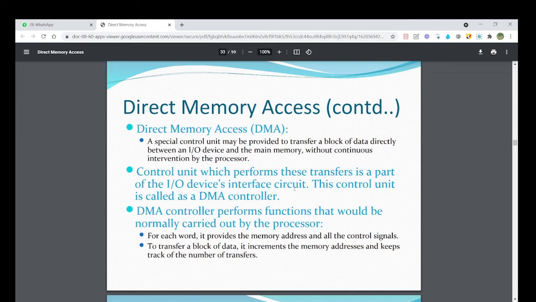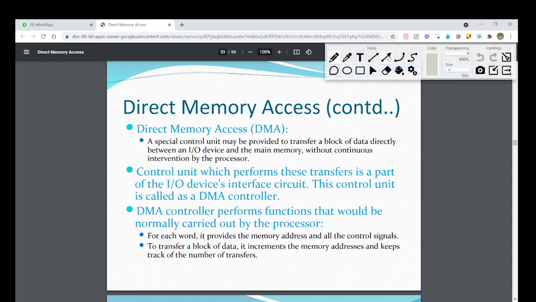The unit used for transferring or accessing the memory directly is called the DMA controller. What the DMA controller does is perform the functions that would normally be carried out by the processor. Whatever function is provided by the processor, the same kind of function is provided by the DMA controller. Some of them are listed here.